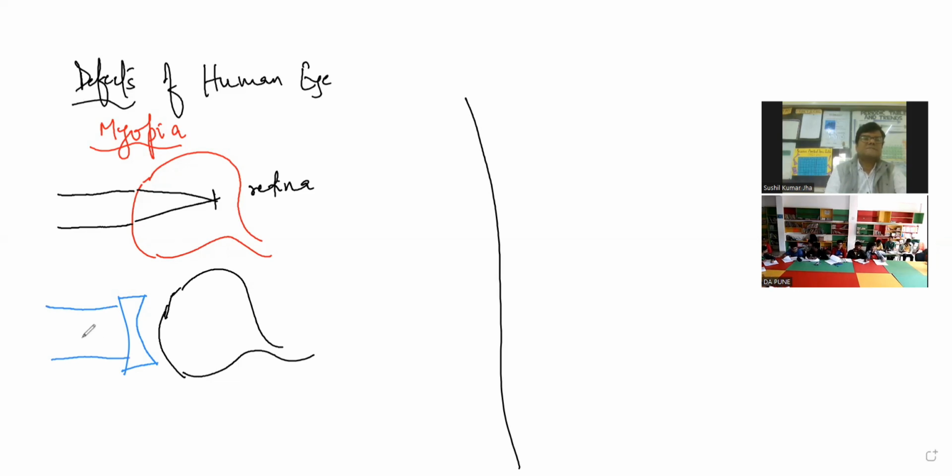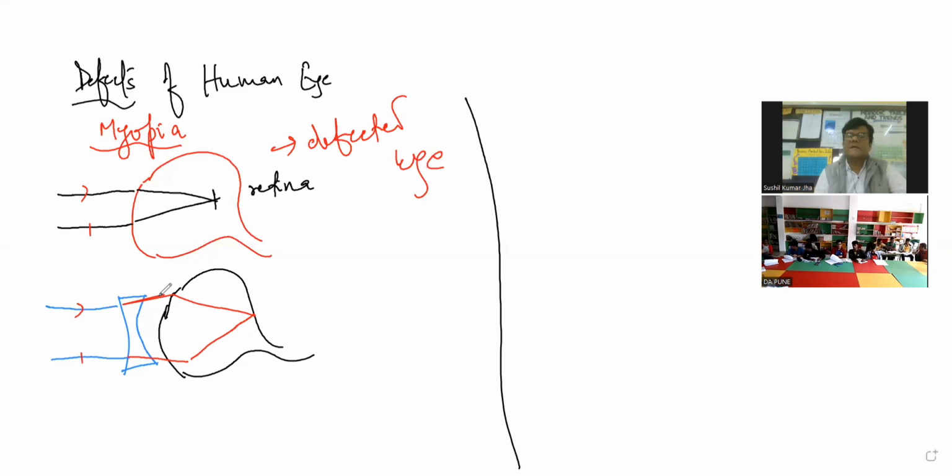Try to understand. See the first diagram. The first diagram is the defective eye. In the defective eye, what is happening?